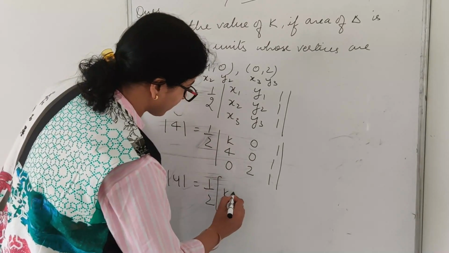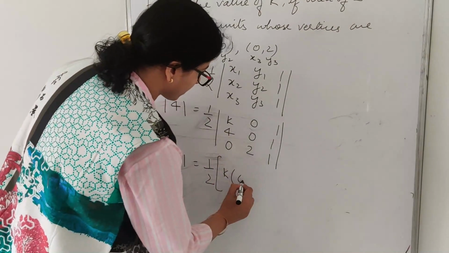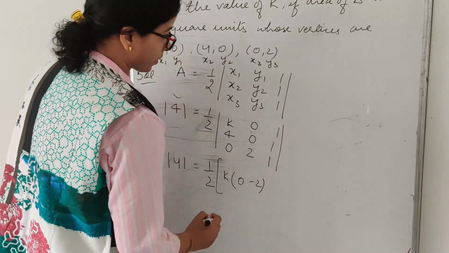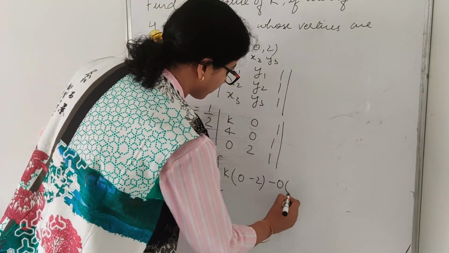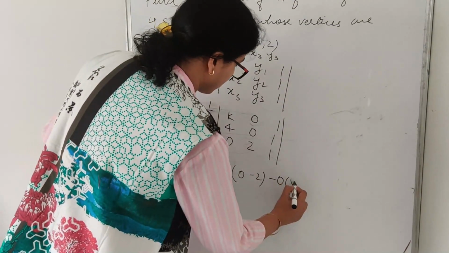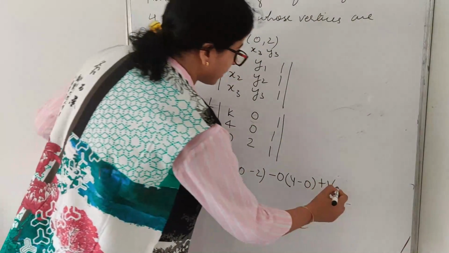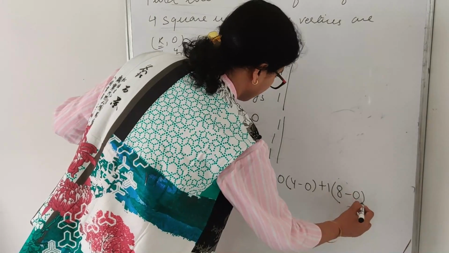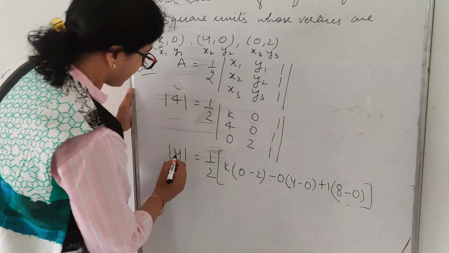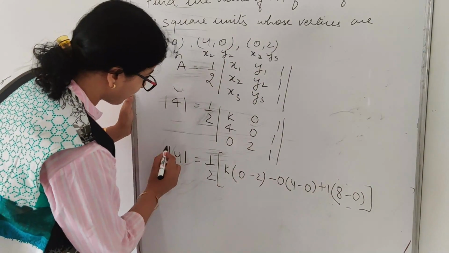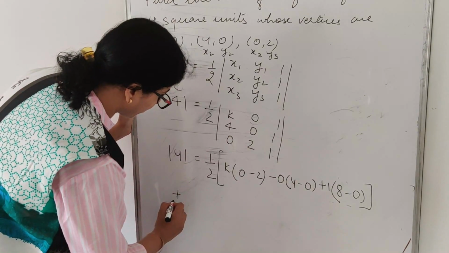What am I getting? k into (0 minus 2), minus 0, so 4 minus 0, plus 1 times (8 minus 0). When I remove the absolute sign, it will become plus minus 4.